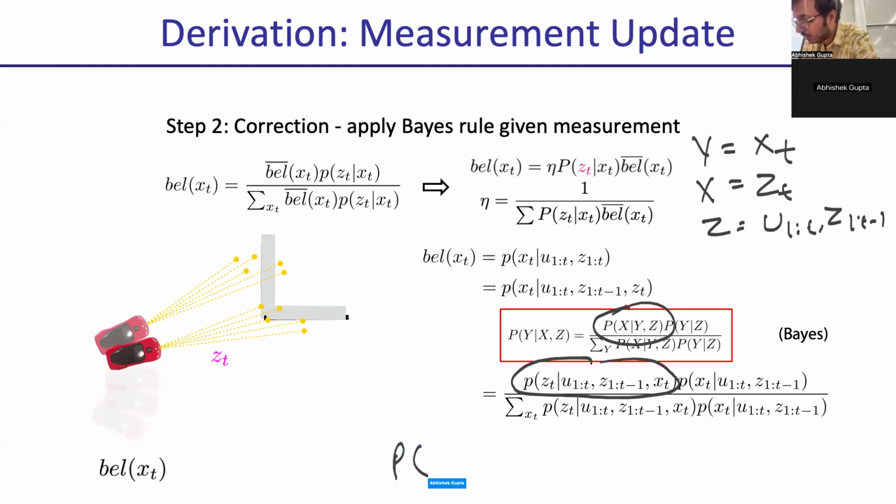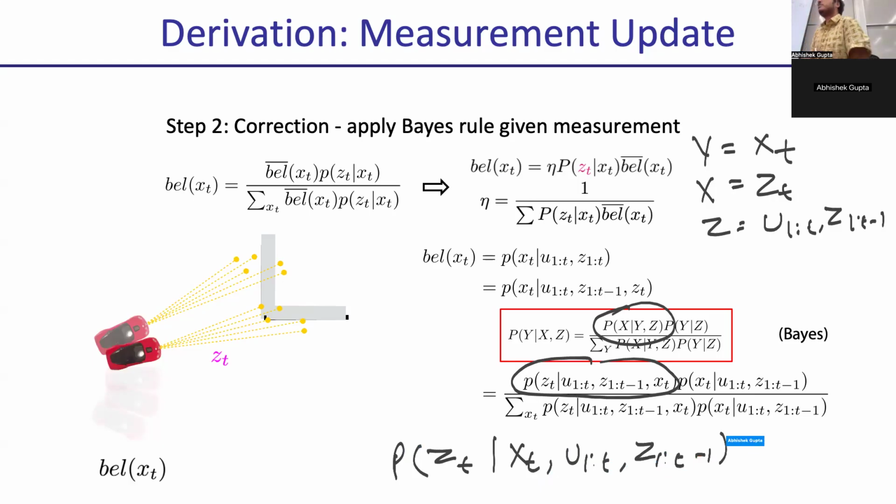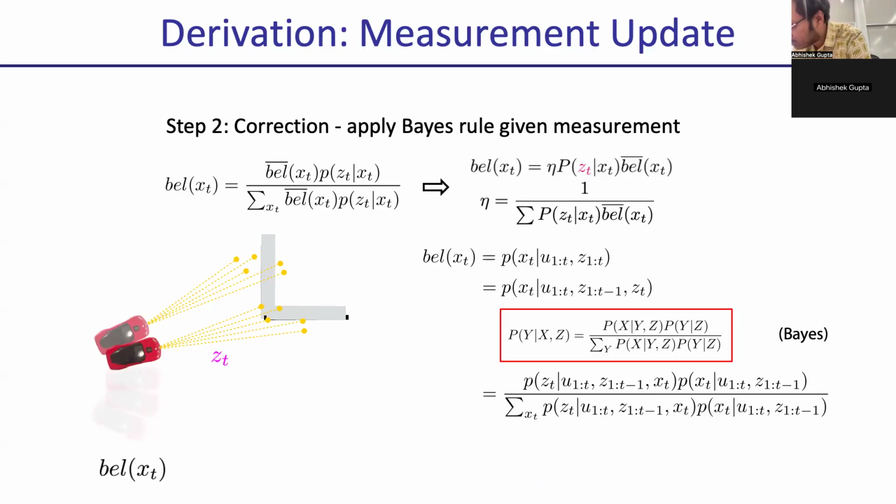So it's going to be P of zt given xt and u1 to t, z1 to t minus 1, right? Just literally mapping all the terms, right? Now, if I have this term, how can I simplify it? Markov, exactly, right? And so this stuff goes away. Beautiful. And so the first term simplifies down to P of zt given xt, which is nice, right?